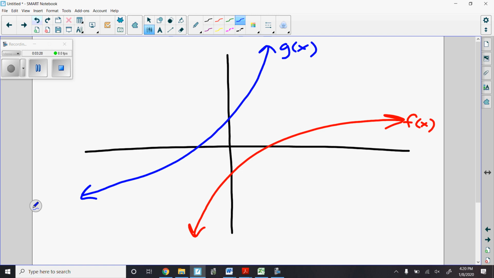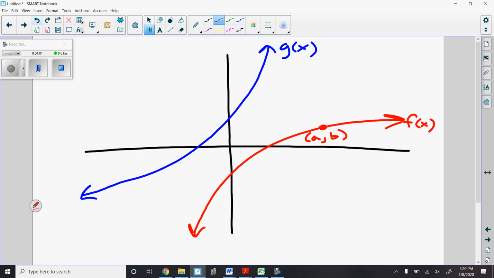So here's what we know about inverses, and it may be the way you learned to solve them. One method is to switch x and y and then solve for y. So let's say there's a point on f of x that is the point AB.